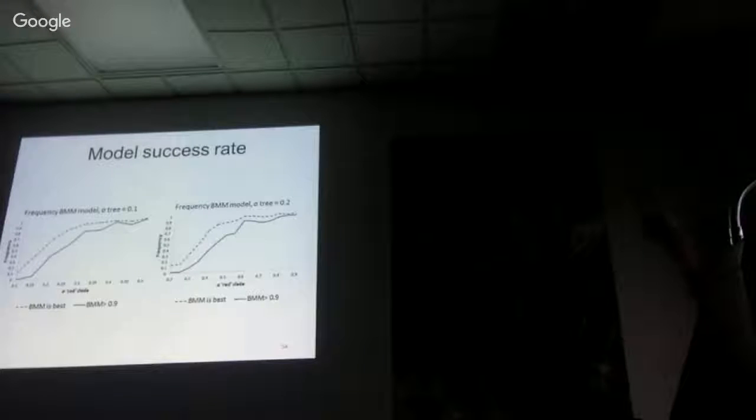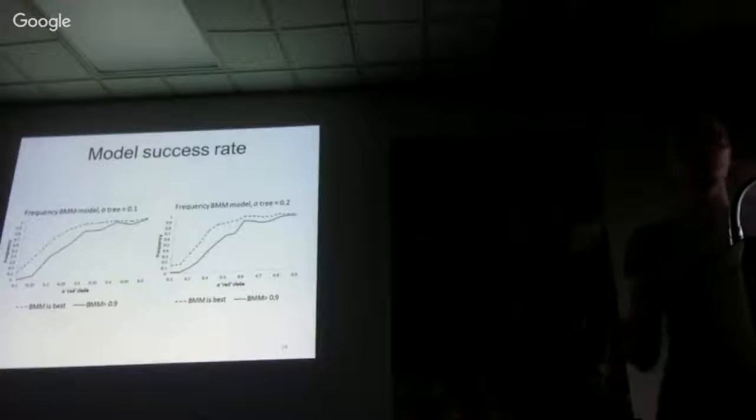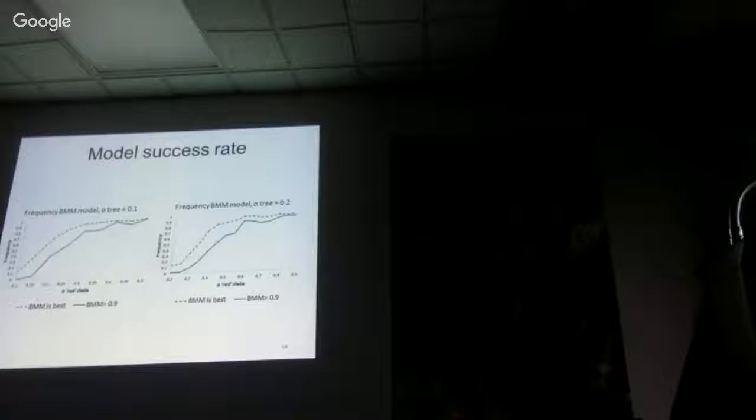with the dotted line. The solid line shows you the frequency that the BMM model has a weighted AIC value of 0.9 or higher, which is a convention when determining a statistically significant result between AIC values. So 0.9 is a good cutoff.